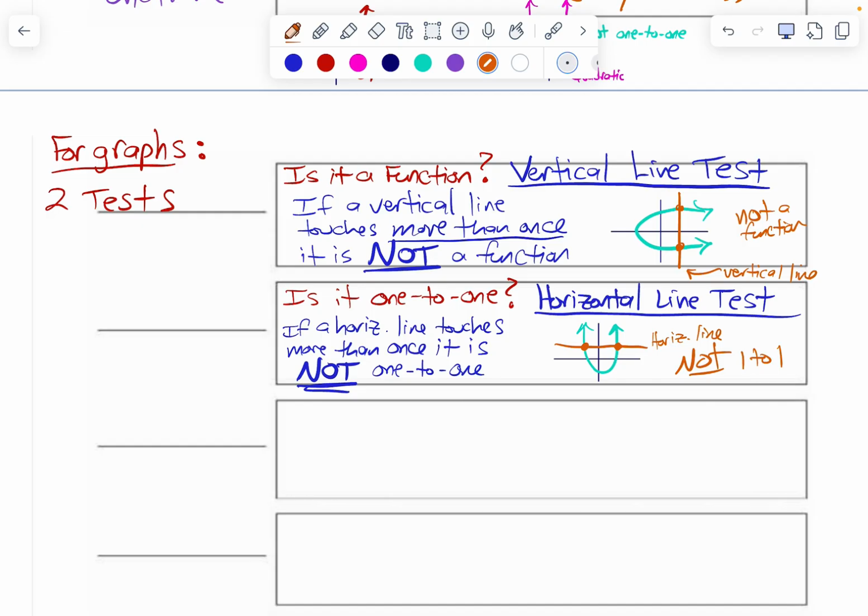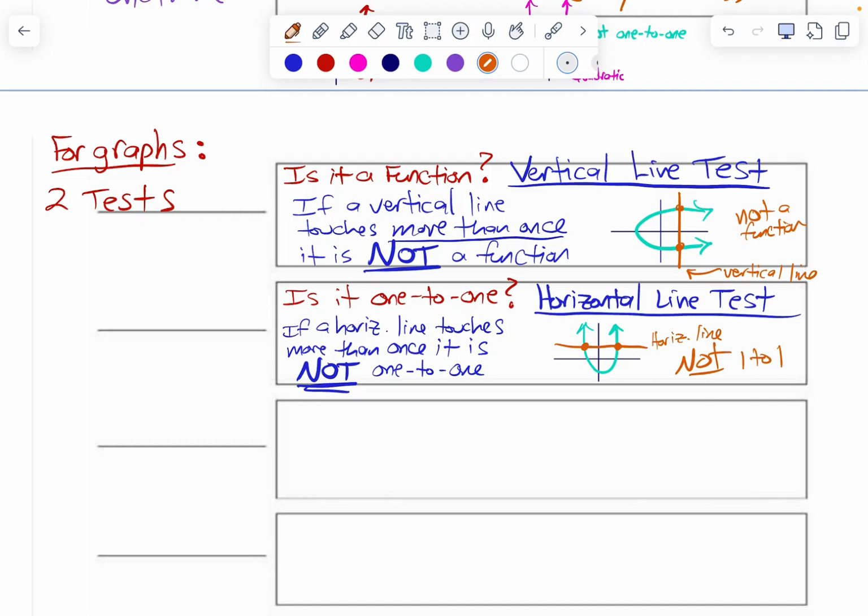Okay, so these work nice if I give you a graph, but if I give you an equation or a table, you still have to know the concept and be able to see it in those forms as well. If you have a graphing calculator, or Desmos, and I give you just a function, you could graph it and then do these tests really easy.